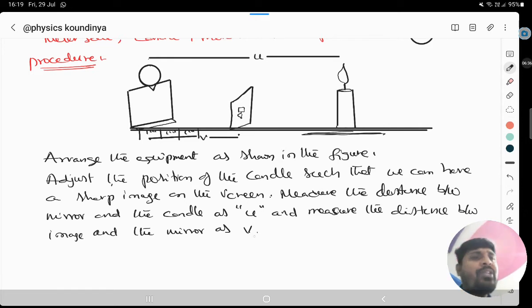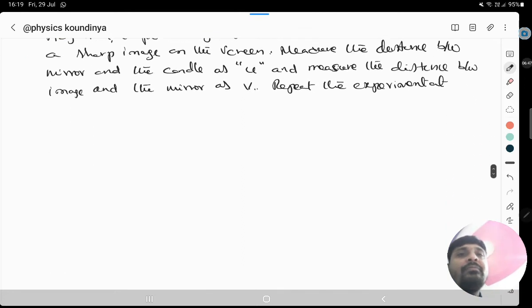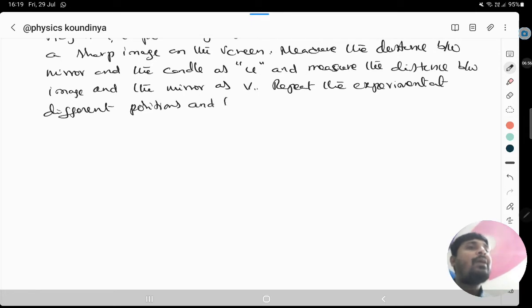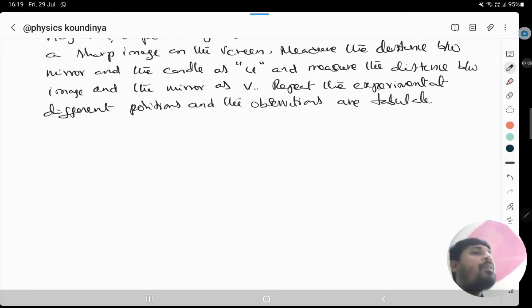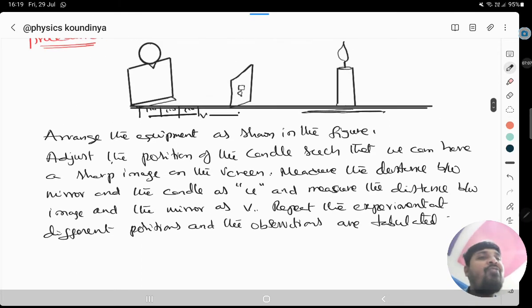So I'm going to write the same: repeat the experiment at different positions, and the observations are tabulated.